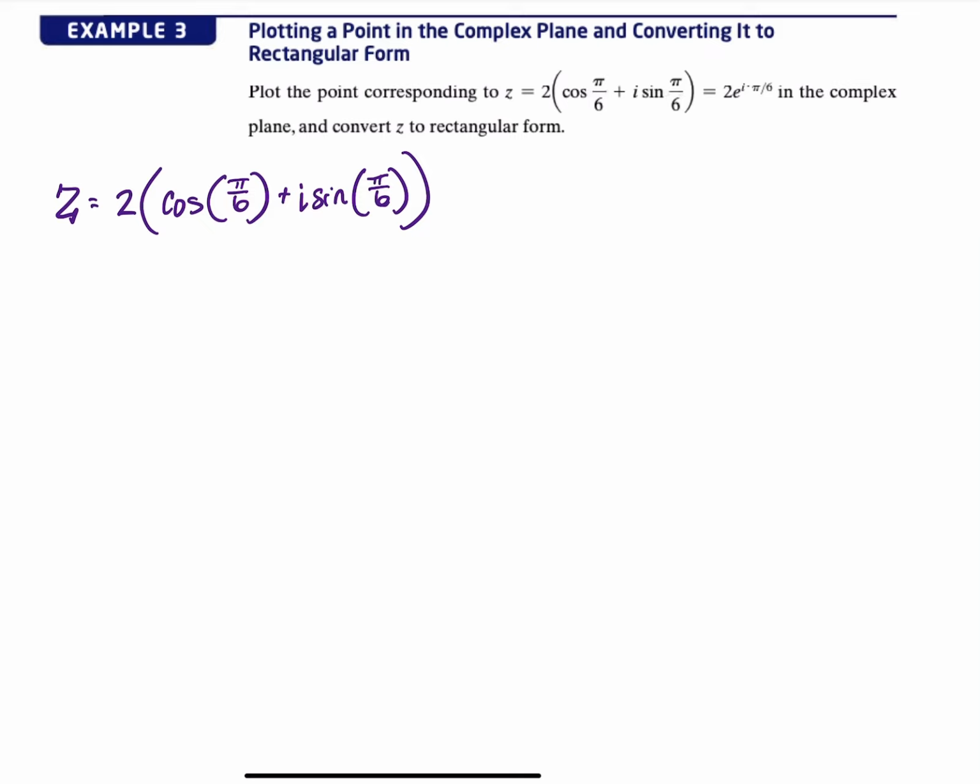To convert this into rectangular form, we basically just need to evaluate everything. Like we can say, the cosine of pi over 6, that's the square root of 3 over 2. And the sine of pi over 6 is 1/2.